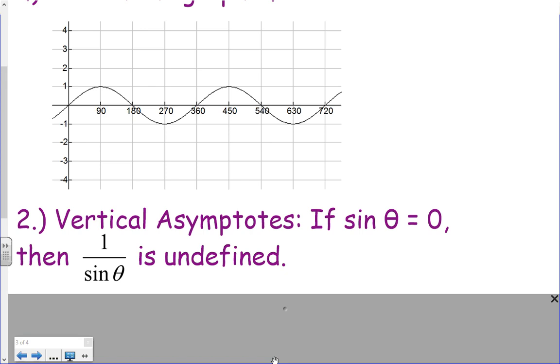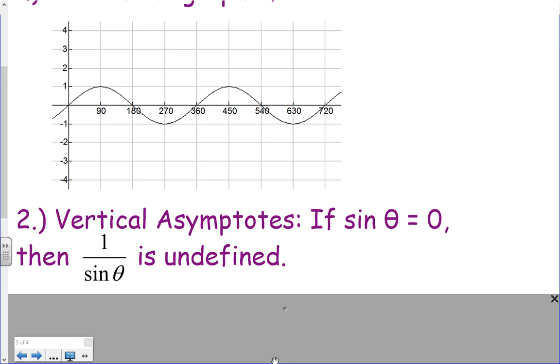We learned when we studied rational functions that those are going to be vertical asymptotes or removable discontinuities. In this case, since there's no common factor with the numerator, it's going to be an asymptote. So if sine of theta is equal to 0, then 1 over sine of theta is going to be undefined, because you're dividing by 0. So those are going to be vertical asymptotes for us.